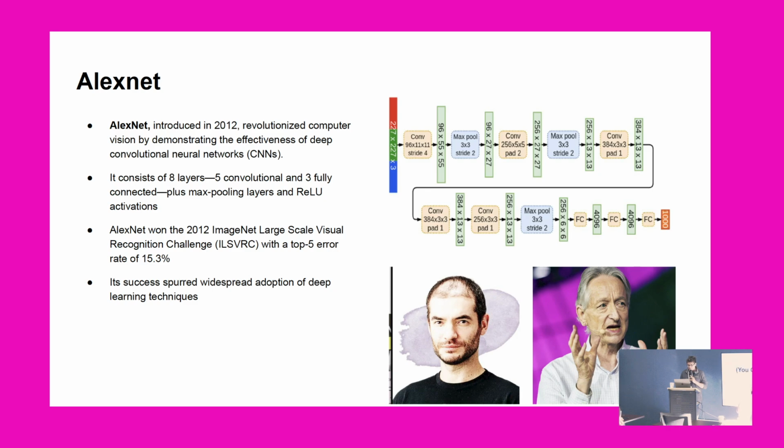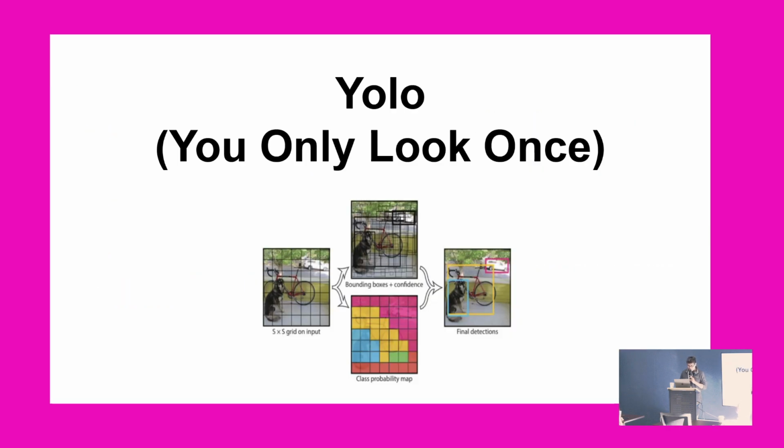And the way that YOLO works is it is able to segment the region that it's looking at into different subregions through this idea of class probability maps. YOLO has a lot of training involved in it, but it's called YOLO because it's super quick in doing what it does.